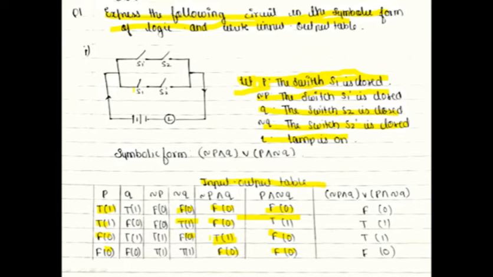So in the end we have to find this result. So here what is the symbol? Or. So we have to apply this or between this. So false or false will become false, false or true becomes true, true or false becomes true, false or false becomes false.